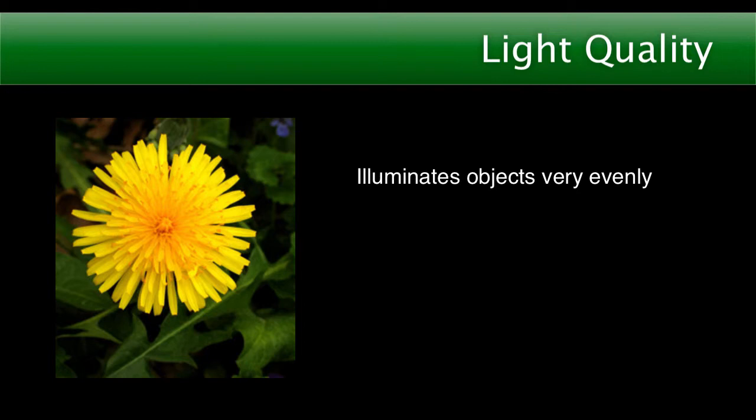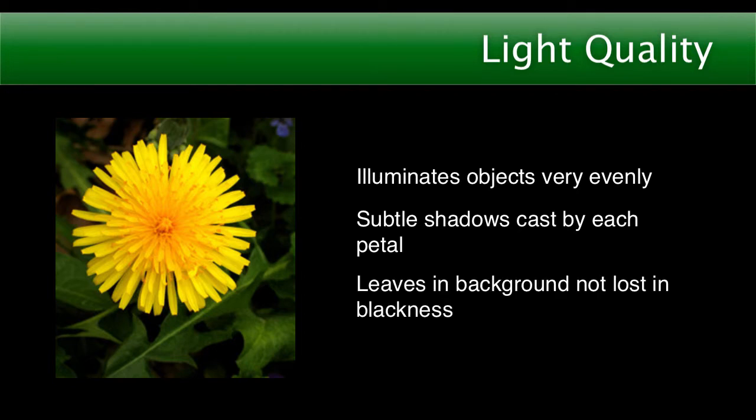The flower now on your screen is the same exact flower as before, but shot in open shade. Note the subtle shadows that each petal casts, and note the fine detail in the middle of the flower. You may also have noticed that the green leaves in the background are not lost in blackness as they were in the first photo. This is due to the difference in brightness range.